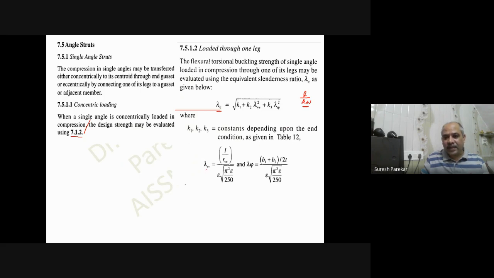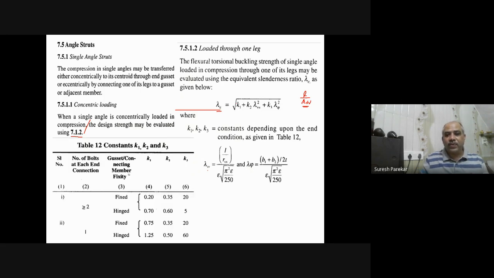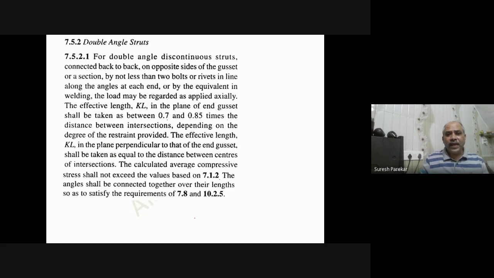Then we can find lambda VV and lambda phi, and substitute the values K1, K2, K3 from table 12. These K1, K2, K3 values depend upon the gusset connecting member fixity. Then we have the double angle section.